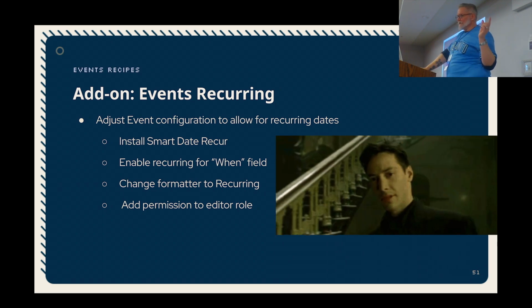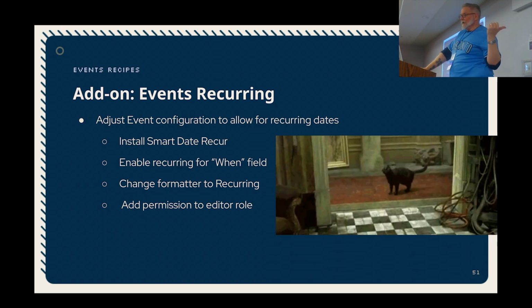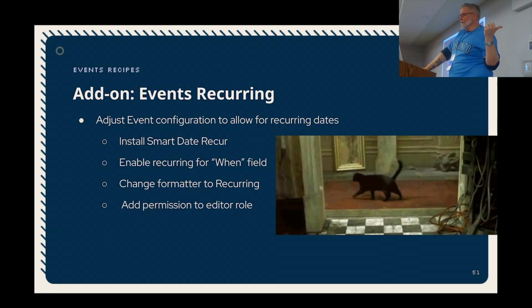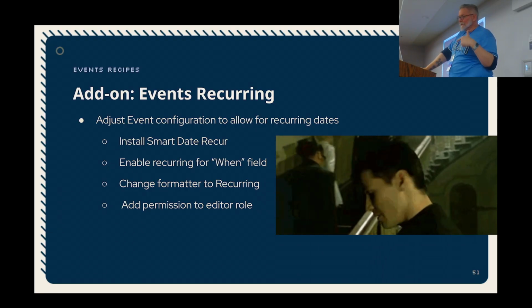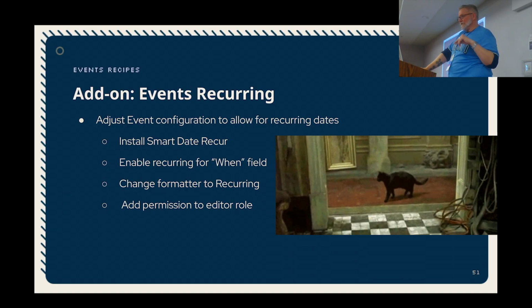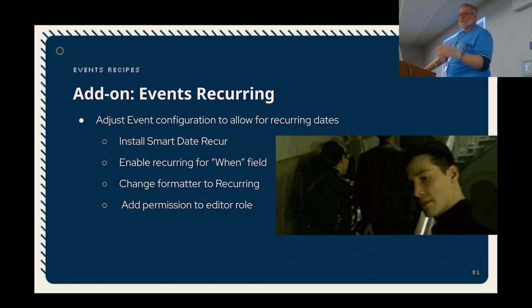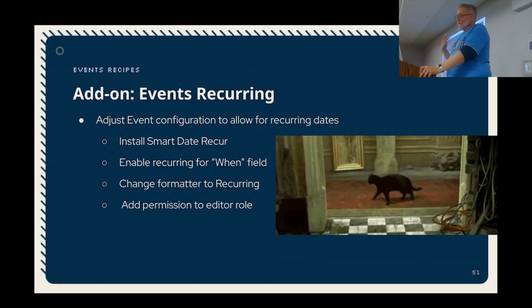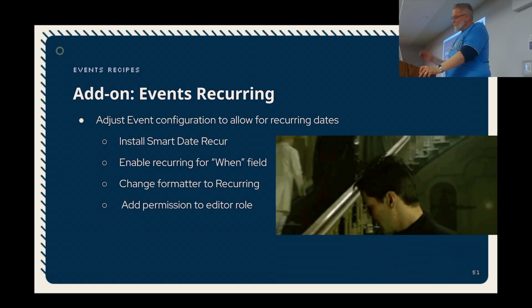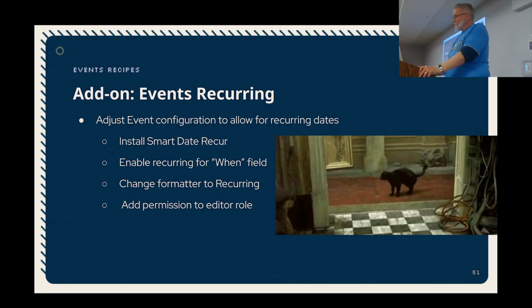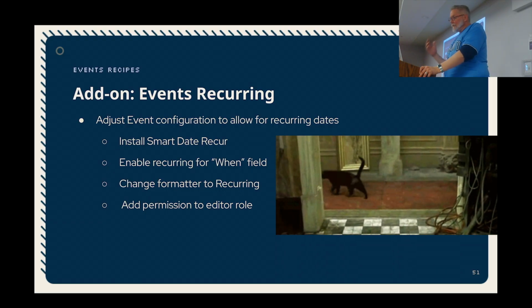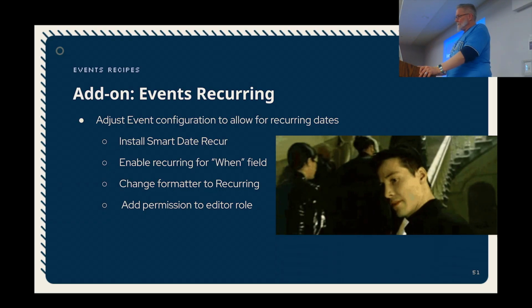So all it's going to do is install a submodule of Smart Date called Smart Date Recur, make one change to the actual field configuration, switch the formatting, and then add a permission to the editor role. None of these things are particularly time consuming, but again, you have to know what needs to be done and where to do them. And so applying the one recipe gets all of that done for you in a single step.